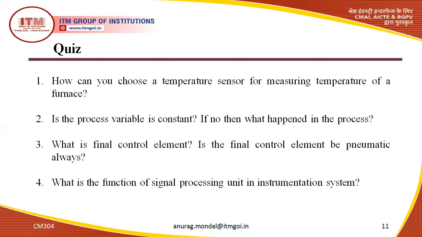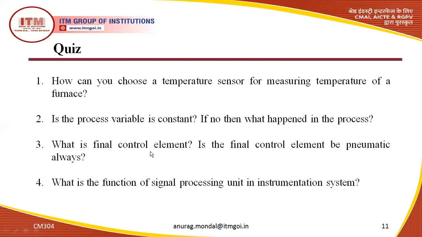Then quizzes. Four interesting questions are there. Just go through the questions and make your own questions. We will discuss these quizzes in the next session or the live session. Those are: how can you choose a temperature sensor for measuring the temperature of a furnace? Then, is the process variable constant? If not, then what happens in the process?